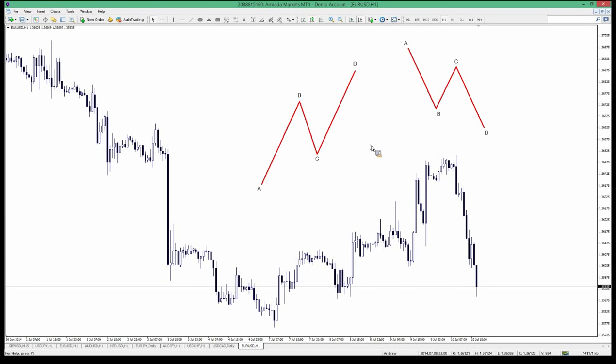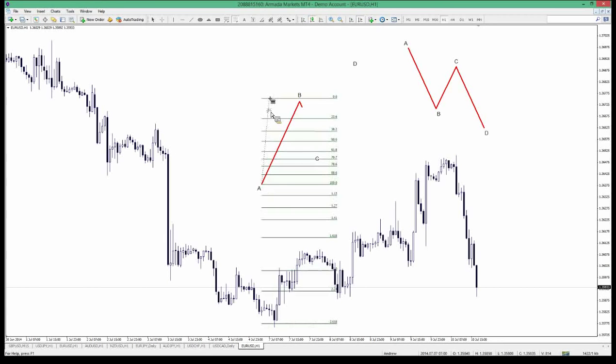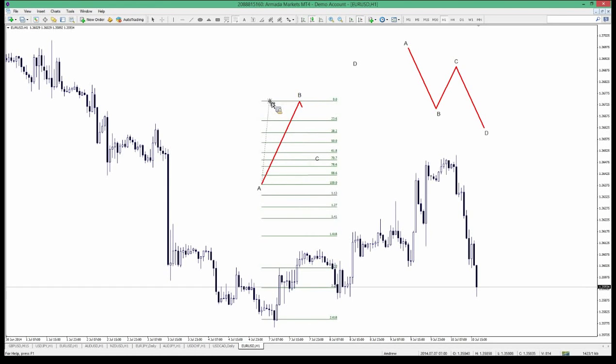We'll take the same concept, so remember we've got the initial swing A to B. Now, this is where it gets a little bit more complicated. From A to B, once price starts to retrace from B, you want to take your Fibonacci retracement tool and draw it from the low up to the high, and now is where you want to start paying close attention.